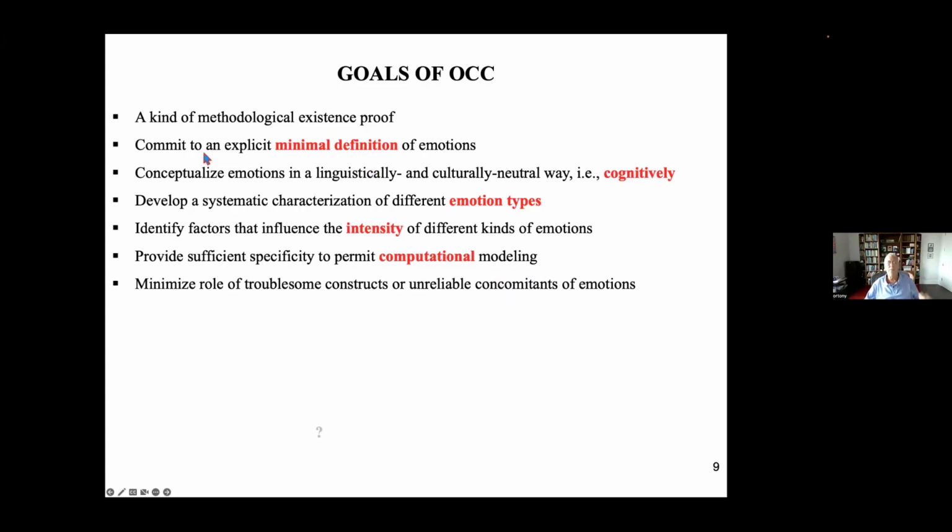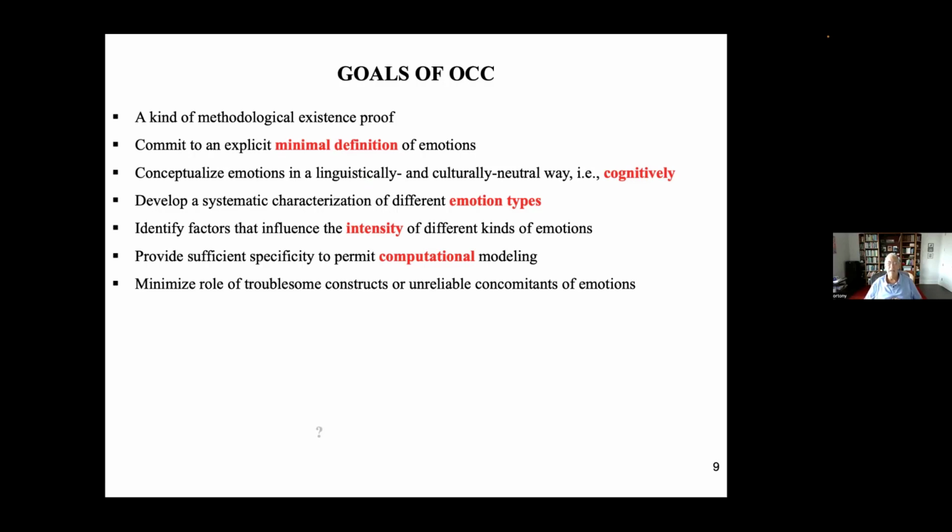So we have, for example, committed to an explicit minimal definition of emotions. I think it's important, at least people know what we're talking about. I think one of the goals of OCC is to conceptualize emotions in a linguistically and culturally neutral way to the extent that that is possible.